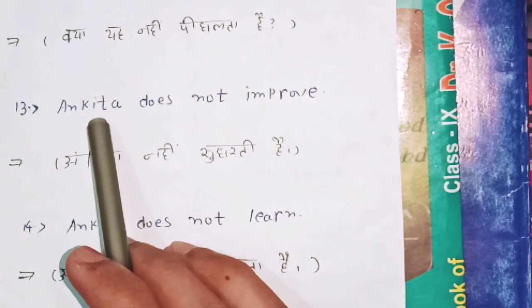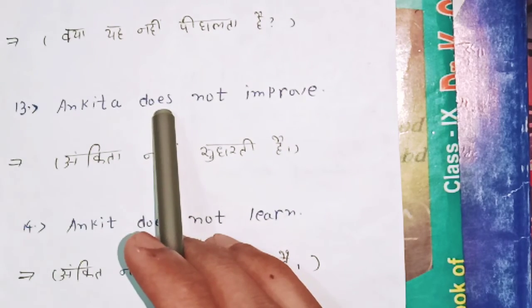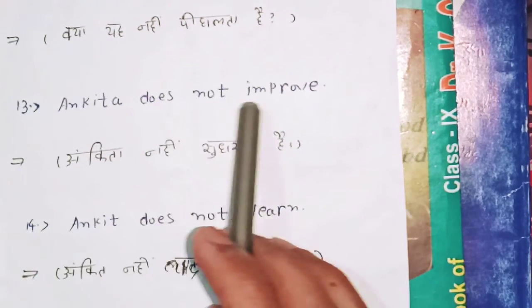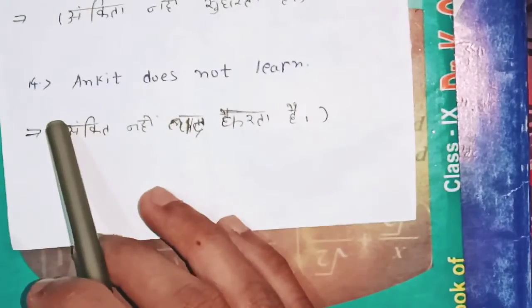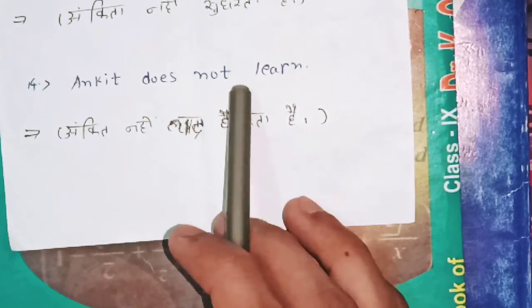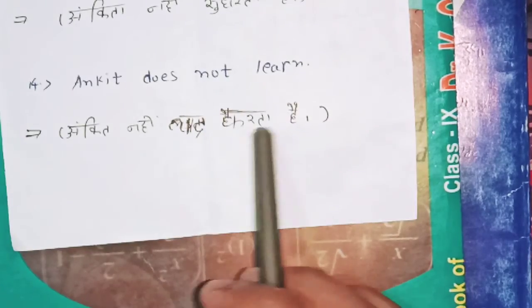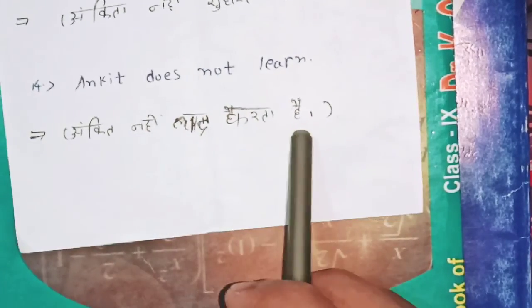Ankita comes in singular subject, that is why does is used here. See the last sentence: Ankit does not learn, अंकित नहीं याद करता है.